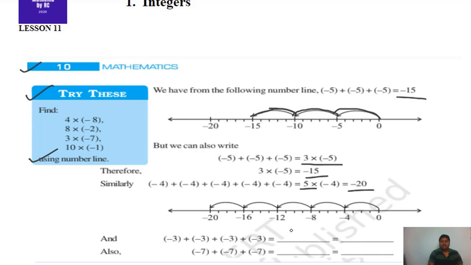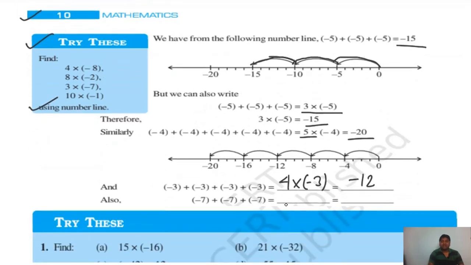It is 4 into minus 3, that means 4 times minus 3, and we get minus 12. Minus 7 plus minus 7 plus minus 7 is called 3 into minus 7, and we get minus 21.